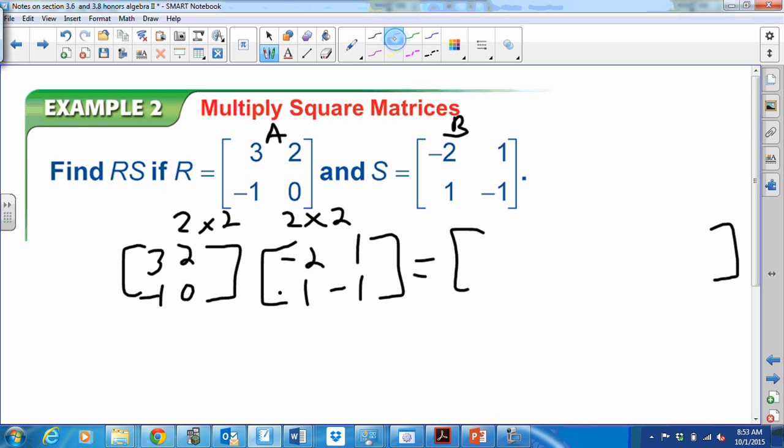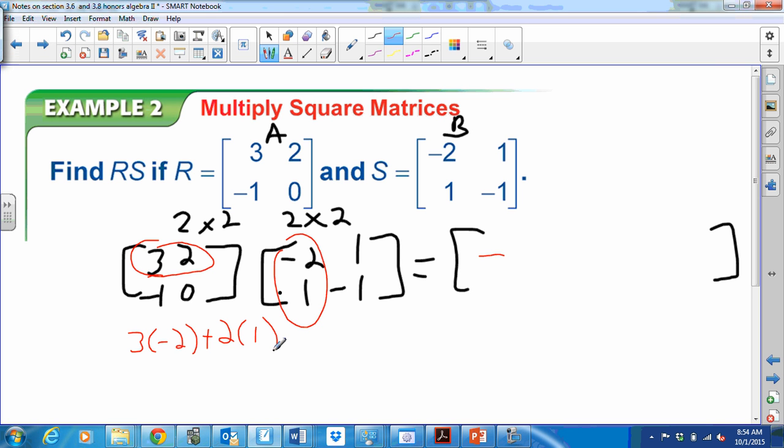So the first number that we're going to find is going to be 1, 1, and what you have to do is you have to take the first row of the left-hand matrix, this row, by the first column of the right-hand matrix. So for that first slot, you're going to take 3 times -2 plus 2 times 1.